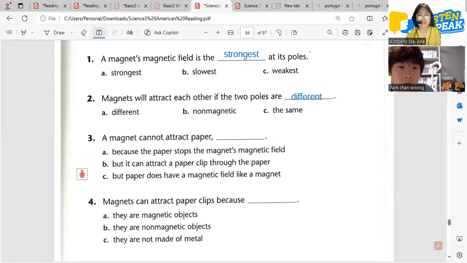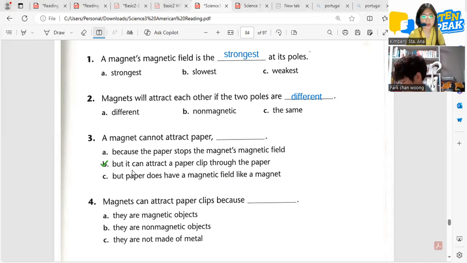The answer here is... Do you need help? I think it's letter B. A magnet cannot attract paper, but it can attract a paper clip through the paper. Yeah, I know this is very confusing.